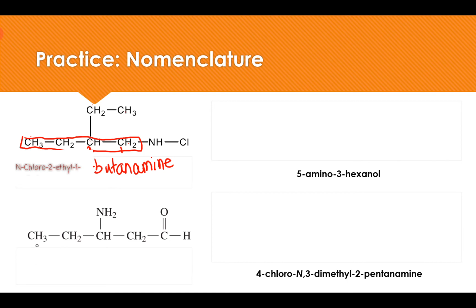Now for our next molecule. This is an aldehyde. That means the amine is going to be in the prefix as amino. This has 1, 2, 3, 4, 5 carbons. Not propanal, pentanal.